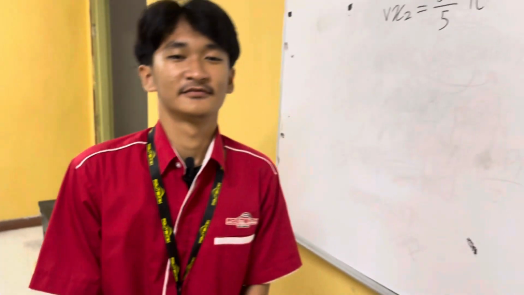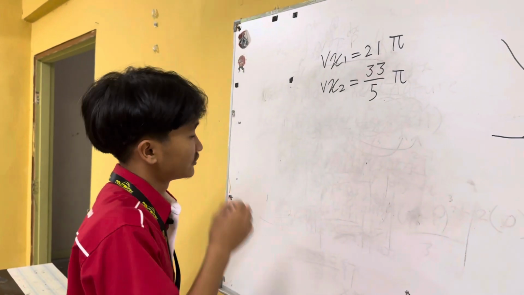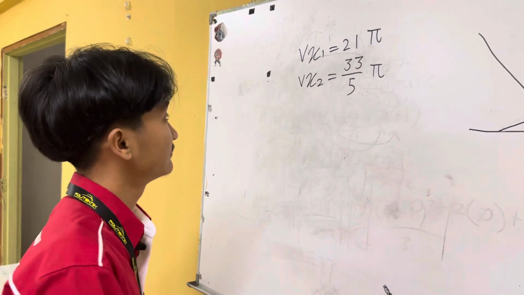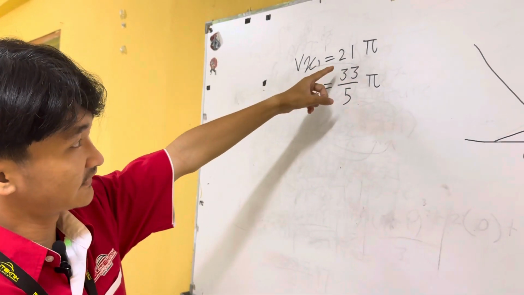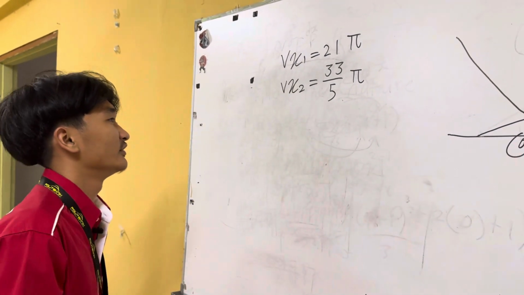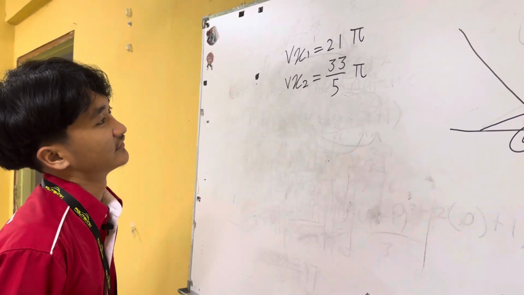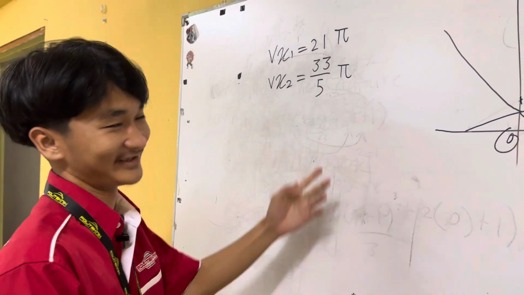Hey guys, my name is Muhammad Imran. Today, I want to show how we get the volume. We see the volume Vx1 is 21 pi and volume Vx2 is 33 divided by 5 pi.